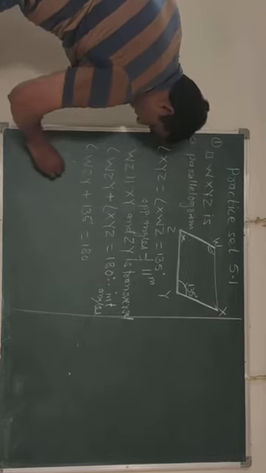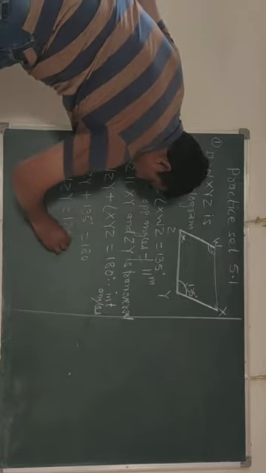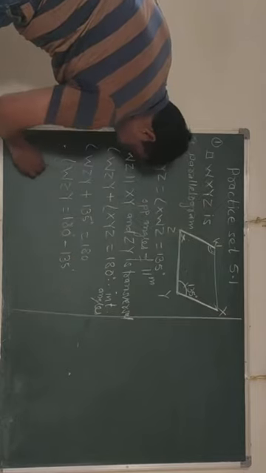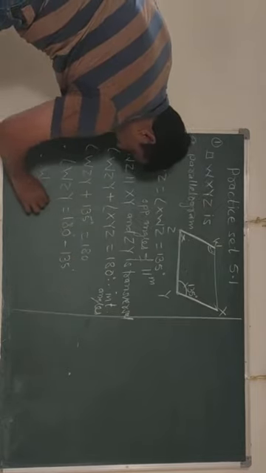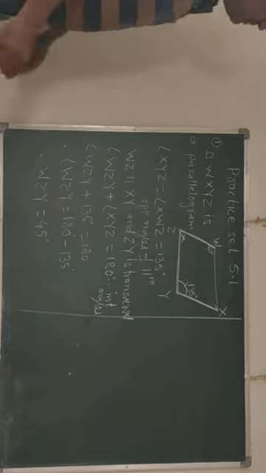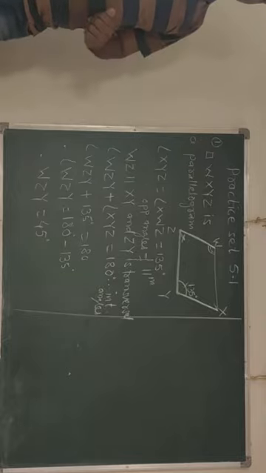Therefore angle WZY equal to 180 minus 135, therefore angle WZY equal to 45 degrees. So we get the measurement of this angle. In this way we got the measurements of angles.